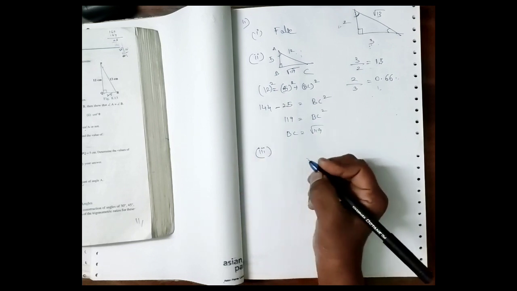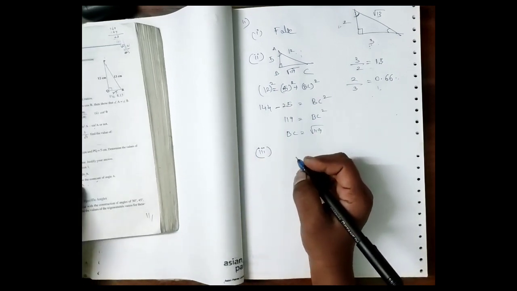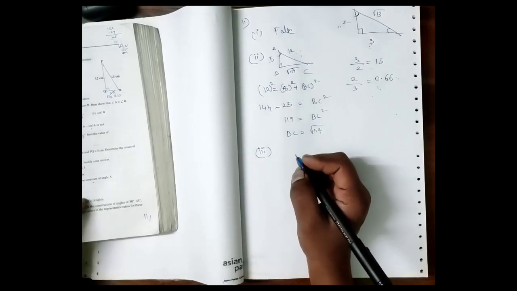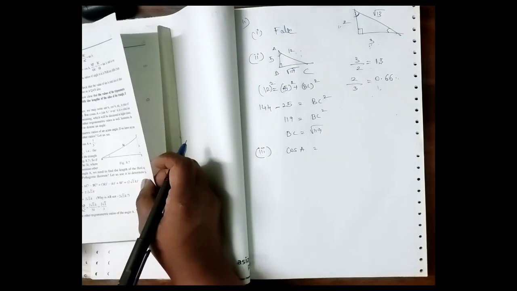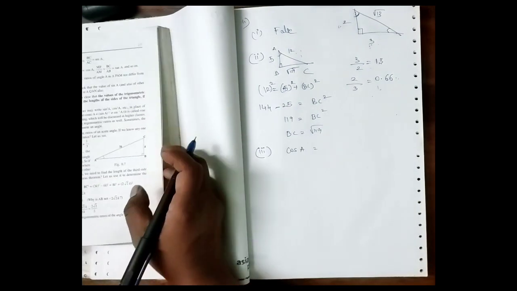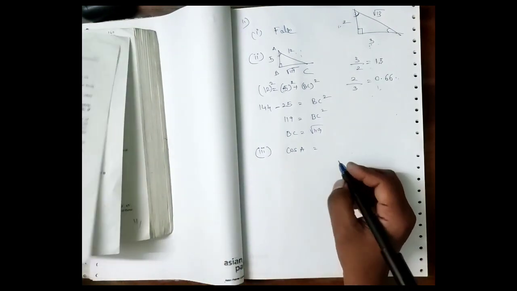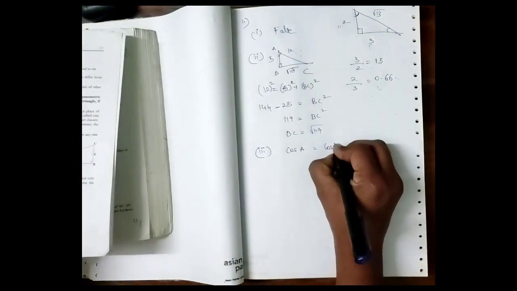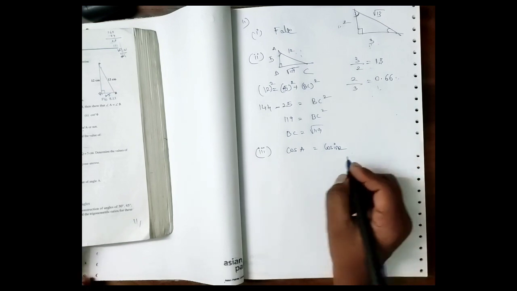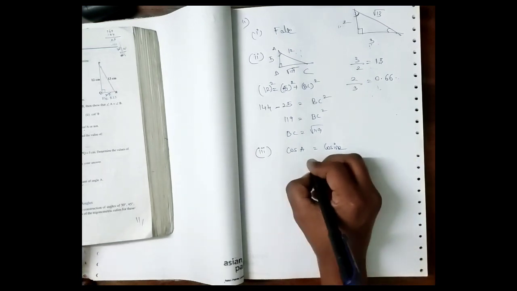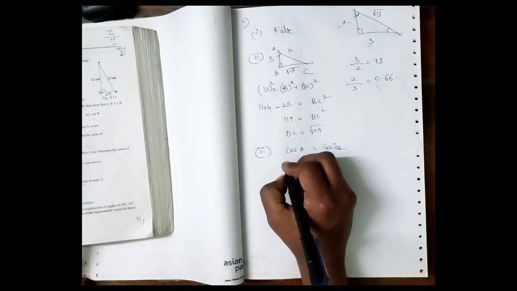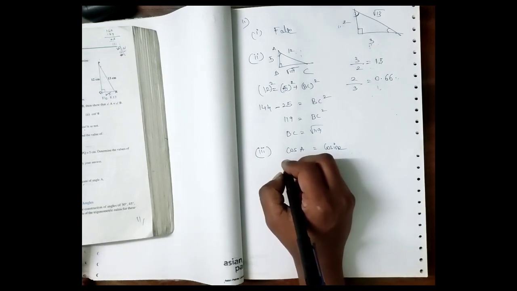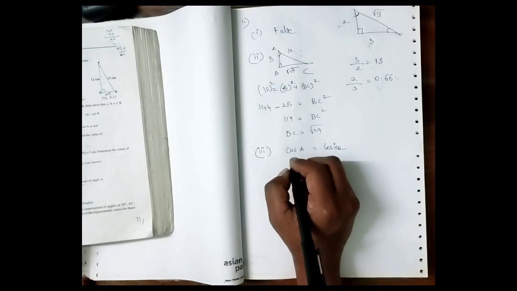Moving on to the third one, cos A is the abbreviation used for the cosecant of angle A. Is it true? Abbreviation for cos is nothing but cosine. It is not cosecant. Cosecant is what? 1 by sine is nothing but cosecant.